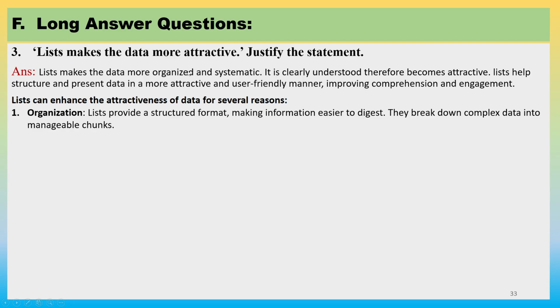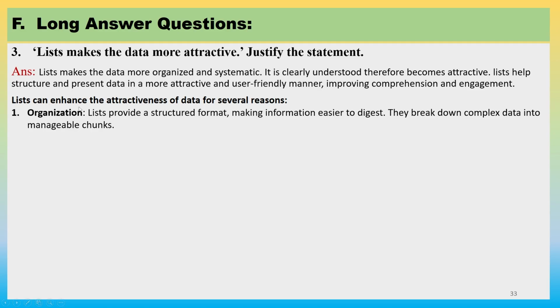It will make it more organized and systematic as well. It is clearly understood. Therefore, it becomes attractive. Lists help structure and present data in a more attractive and user-friendly manner, improving comprehension and engagement. But just by looking at the data, you can also analyze it.